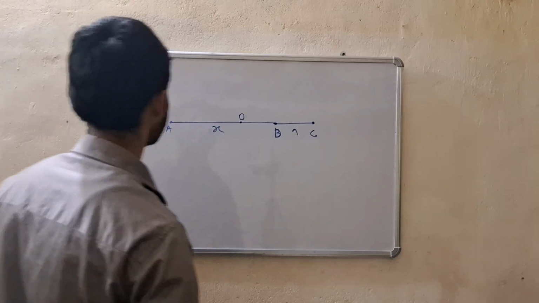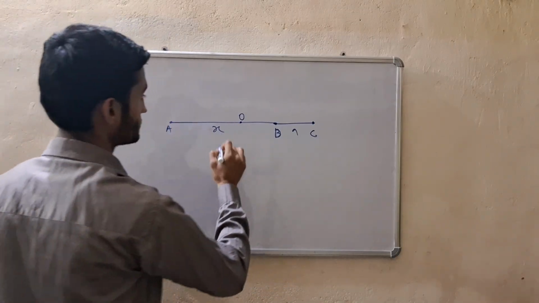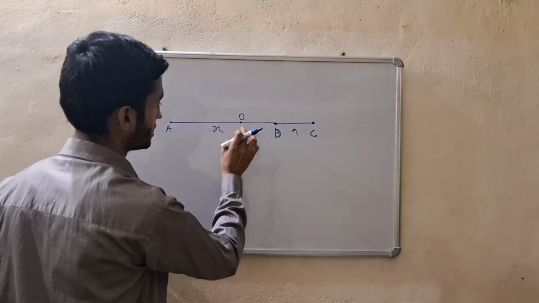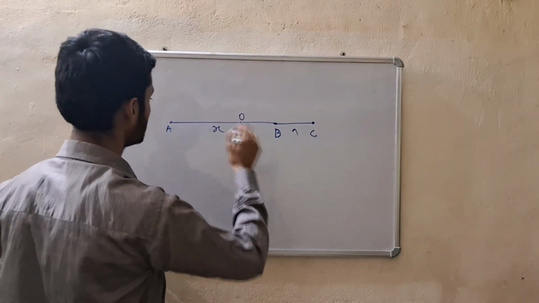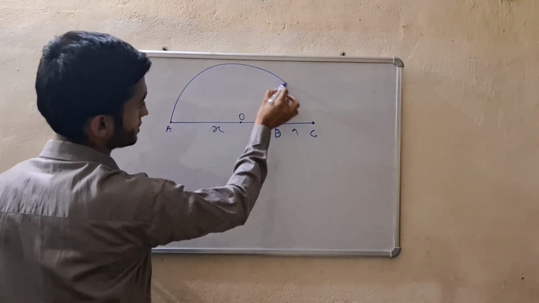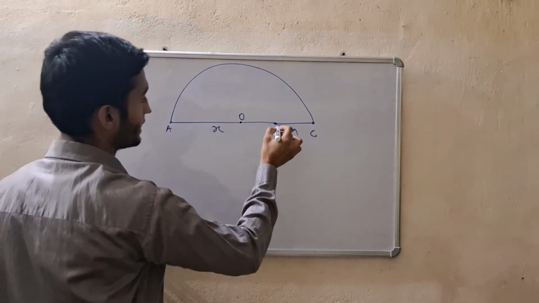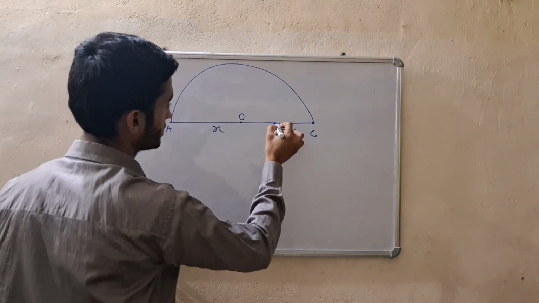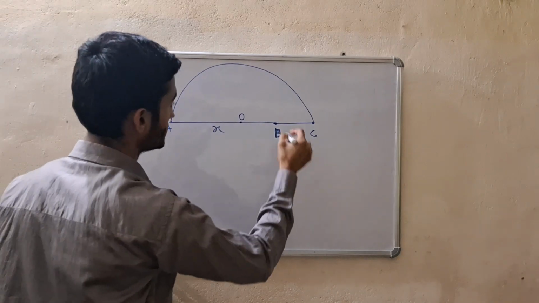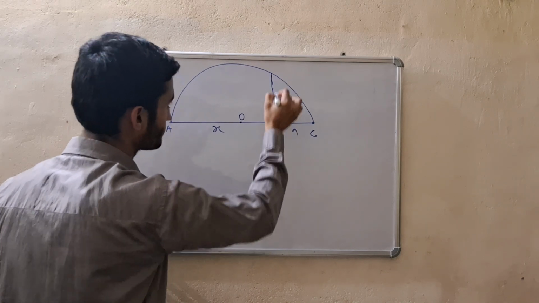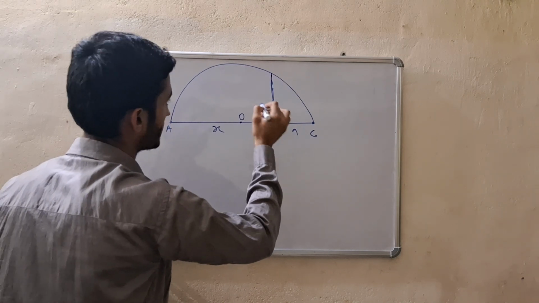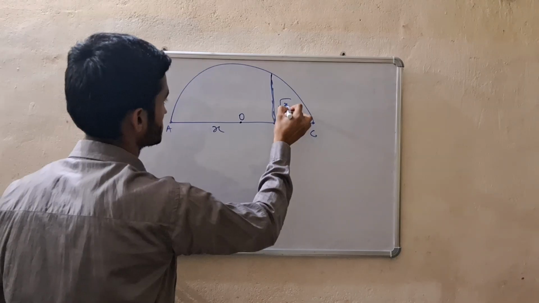So this is O. Taking O as the center and OC as the radius, we draw a semicircle. Then we draw a perpendicular to AC through B. And this perpendicular, this length, gives you the square root of x.